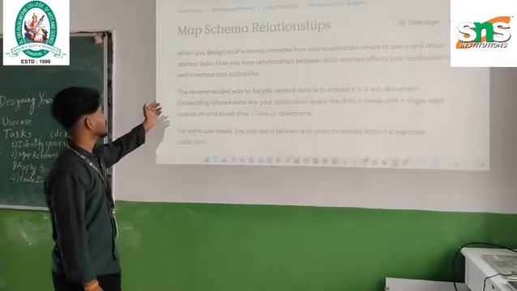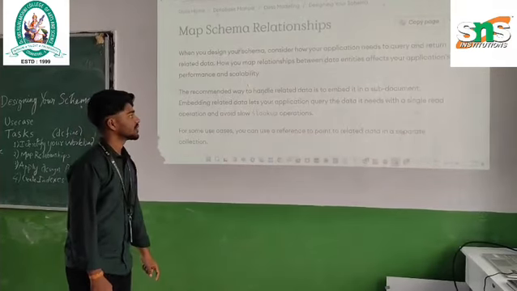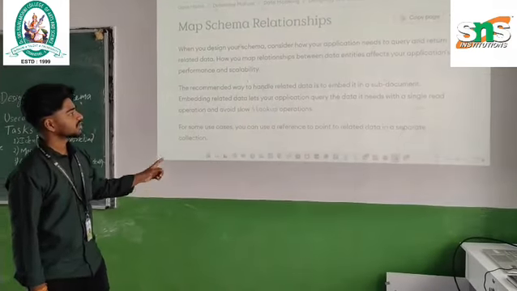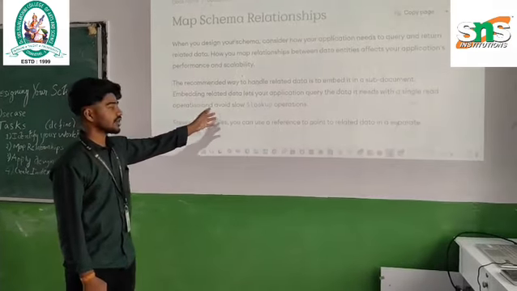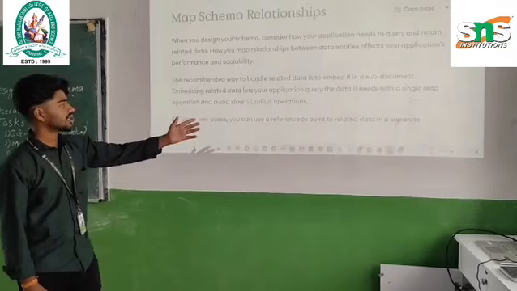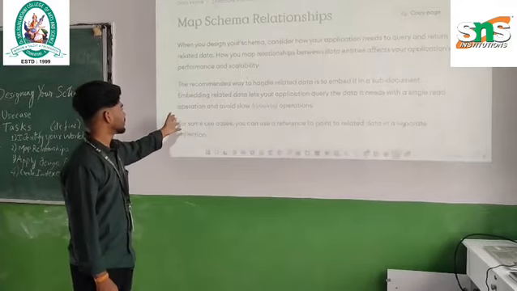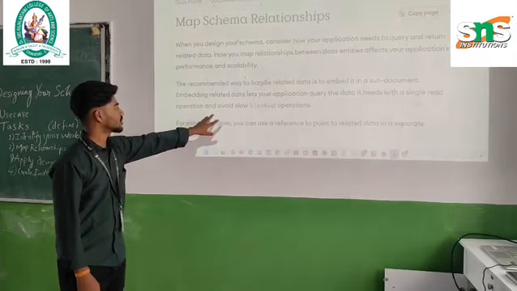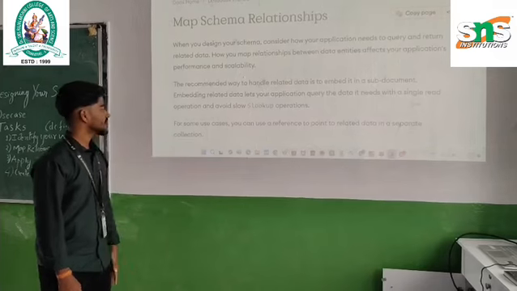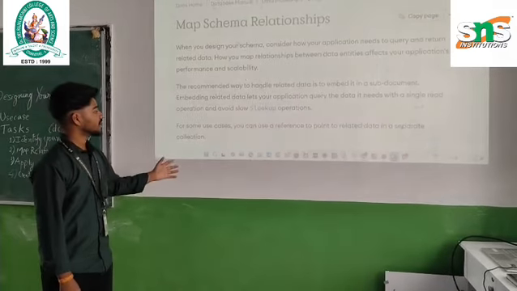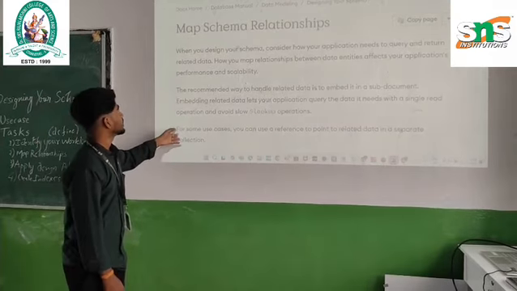The recommended way to handle related data is to embed it in a sub-document. Embedding related data lets your application query the data with a single read, for a read operation. For some use cases, you can use a reference to point to the related data in separate collections in the schema map.